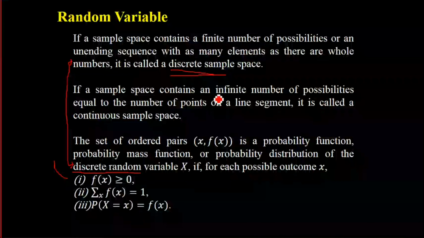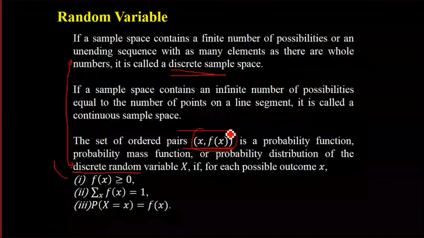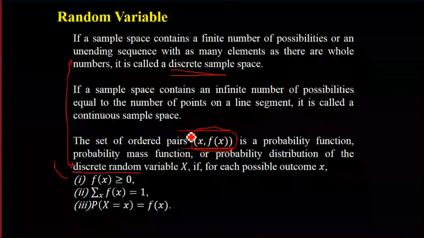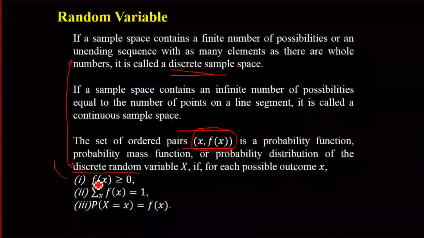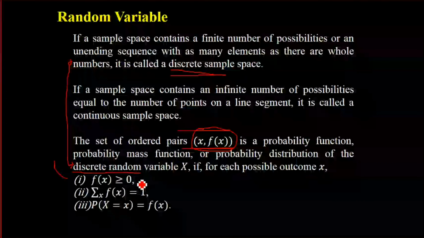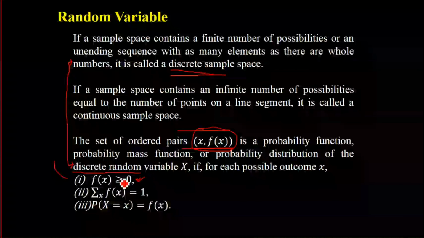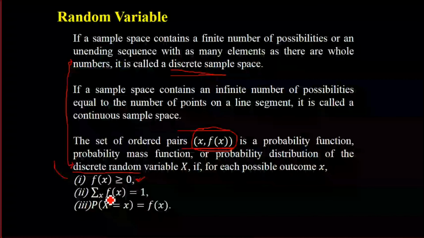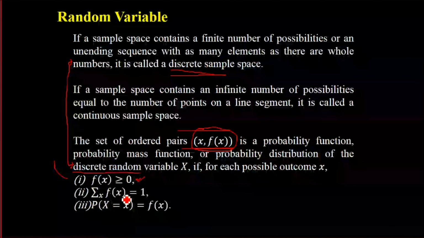In a discrete sample space, if you take this ordered pair and it satisfies the properties, the first property is that the probability should be greater than or equal to 0, either 0 or positive. And if you add all these probabilities, f is the probability of x.